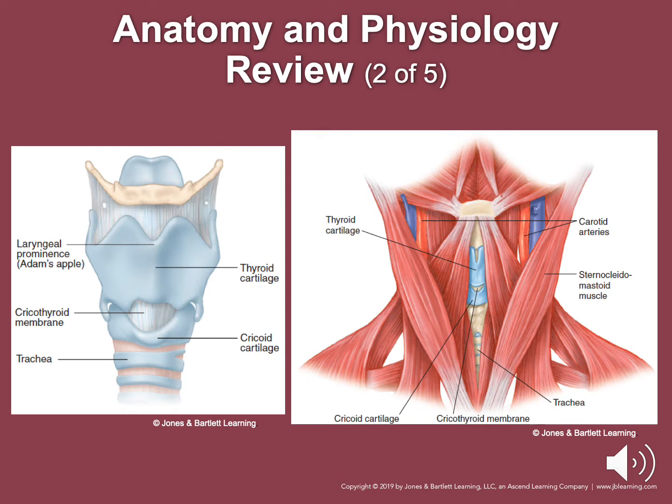Lateral to these, vessels and nerves lie along the sternocleidomastoid muscle. So you see the thyroid cartilage, the cricoid cartilage, the cricothyroid membrane in the middle, and then it goes down into the trachea.